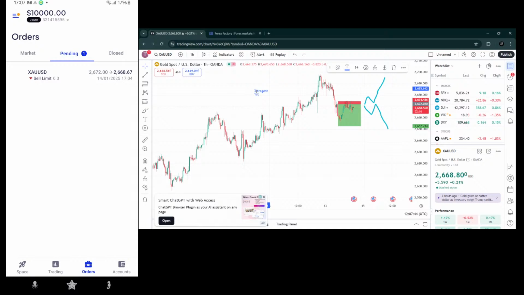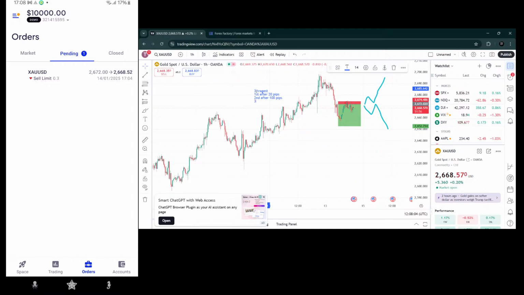First, after 20 pips. Second, after 100 pips.